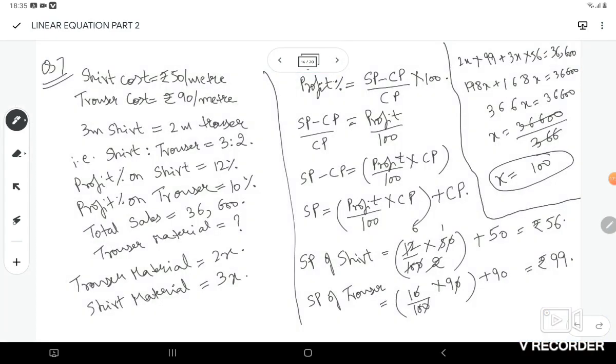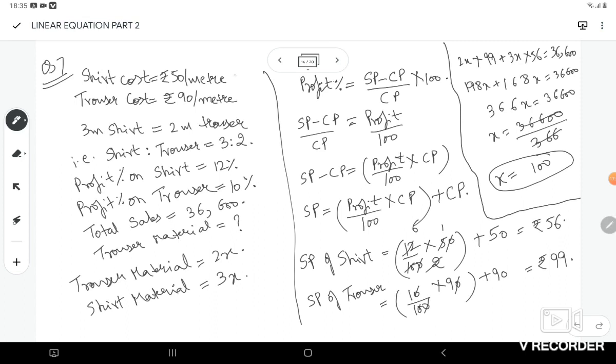Now moving on to the next word problem. It says Hassan buys 2 kinds of cloth materials for school uniforms. Shirt material costs him rupees 50 per meter and trouser material costs him rupees 90 per meter.